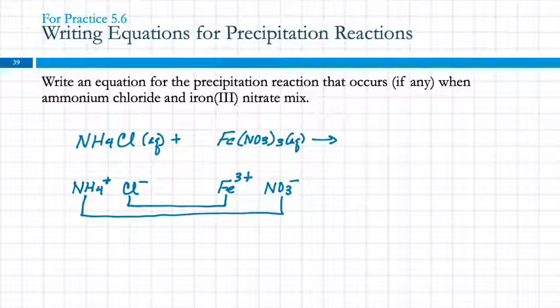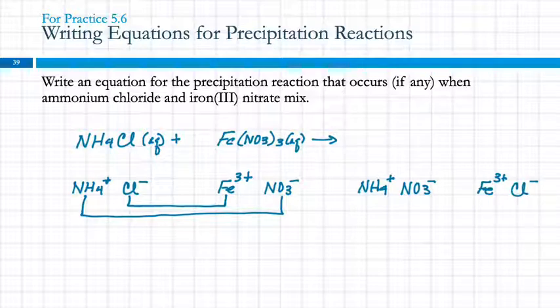The order doesn't matter. So I typically just take this first one and put it first for no reason other than just because. So I'm going to try those 2 ions together, and I'm going to try iron 3 and chloride together.